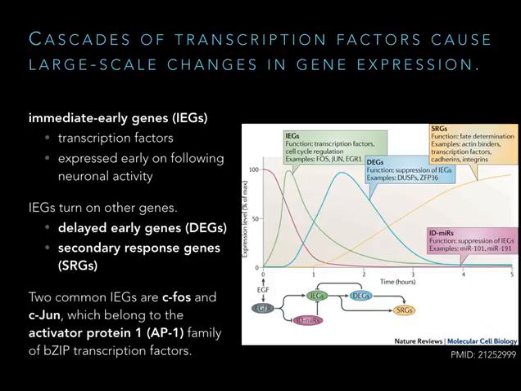So it's not just activating one transcription factor. First we activate the immediate early genes, and then they turn on a whole host of other genes by stimulating the expression of the appropriate transcription factors. CFOS is one that we should be familiar with. This is a very common immediate early gene that's usually measured as a marker for neuronal activity, because neuronal activity stimulates those immediate early genes.